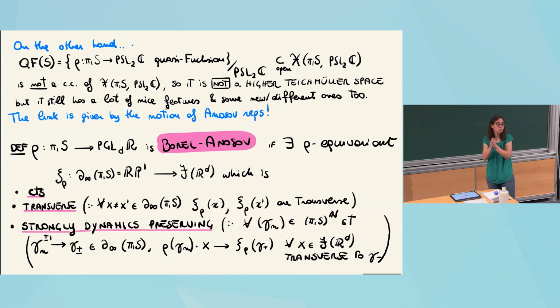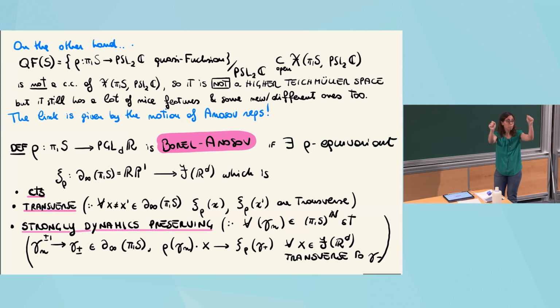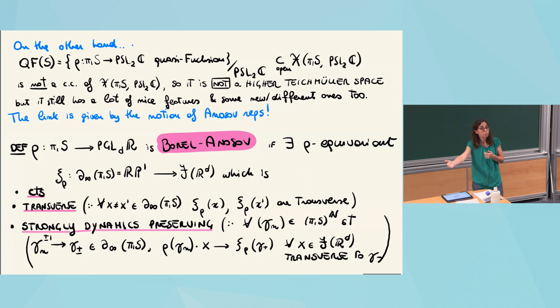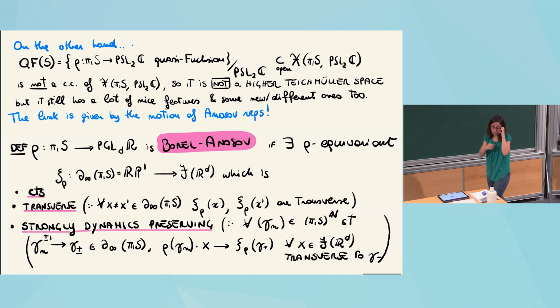I define Borel-Anosov. Borel is the minimal parabolic, so for PGL you can think of upper triangular matrices. These are representations for which you have a nice limit map, a rho-equivariant map from the boundary of your group, the circle in this case, into the full flag variety that is continuous, transverse, and has this strongly dynamics-preserving property that Tengrin discussed.